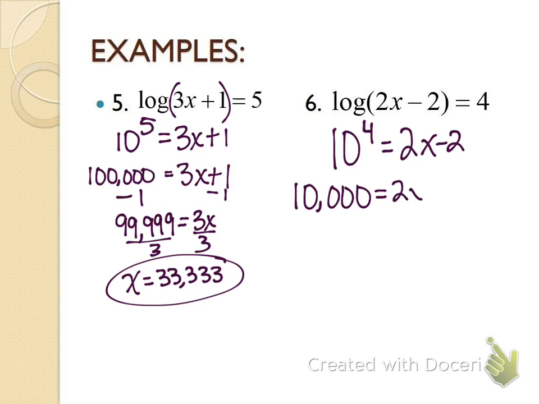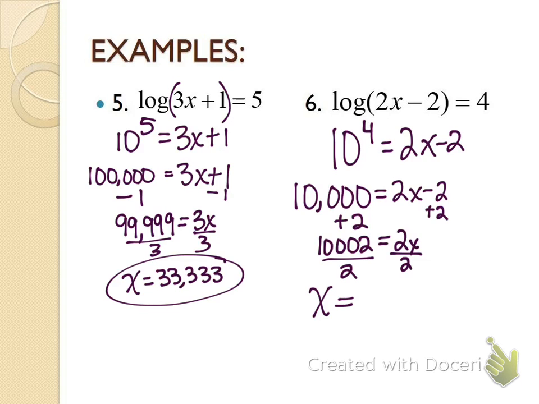To get x alone, what do I need to do? Add the 2 to both sides, and then divide by 2. We should end up with x equals 5,001.